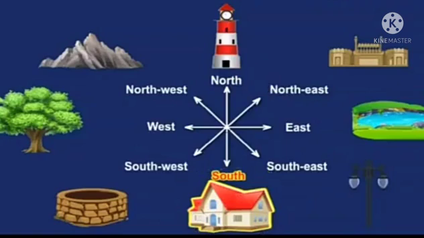Street lamp. Street lamp lies between south and east. It means street lamp lies in the southeast direction. Now next one is fort. Fort lies between north and east. It means fort lies in the northeast direction.